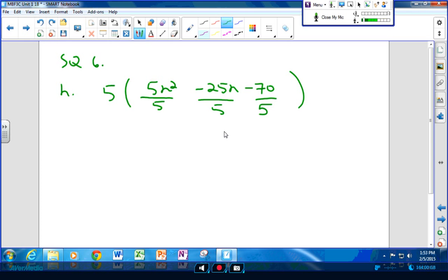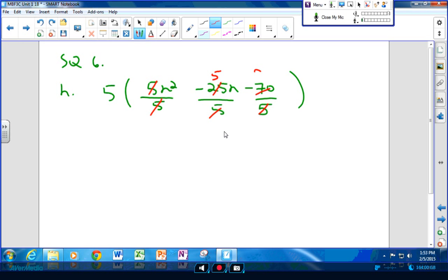Now for the first one, we can cancel out the 5. For the second one, we just have to divide the 25 by 5, which gives us 5. And for the last one, we're going to divide the 70 by 5, which gives us, oh boy, yeah, 14, sorry.